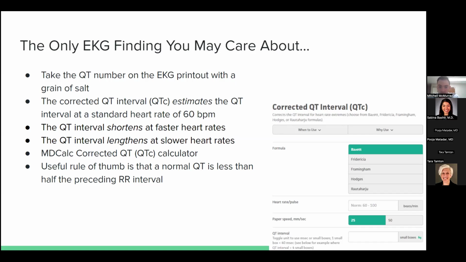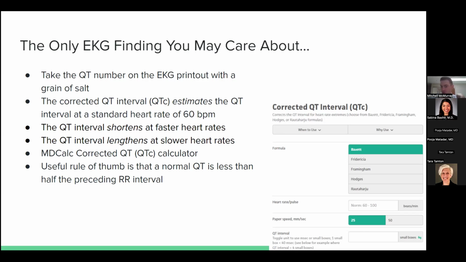So it'll have the QRS interval, the PR interval, and the QT interval. I assume you guys frequently look at that QT number, and that directs your medical decision making on whether or not you can use a specific medicine for patients on consult or an EPS, et cetera. I would say take that QT number on the EKG printout with a grain of salt.